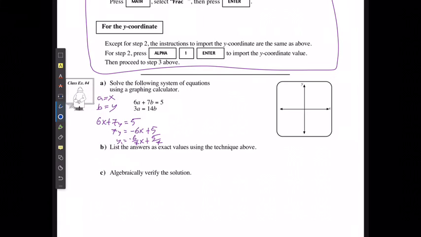For my y2, I'm going to state that, well, if 3x is equal to 14y, then 14y would equal 3x, or y would equal 3 over 14x. And that's going to be my y2.